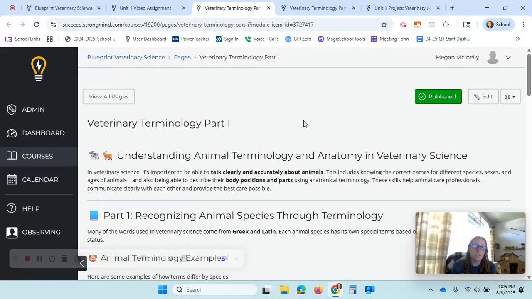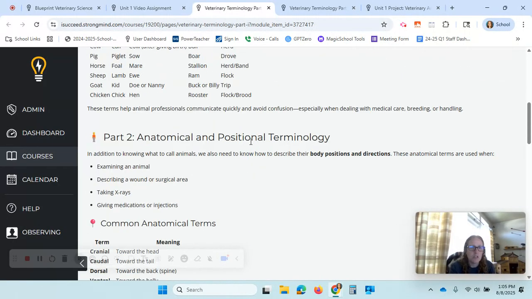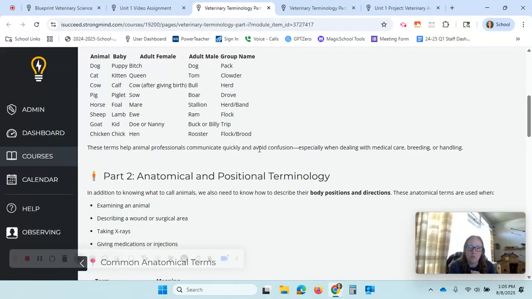A lot of these veterinary terms are the same as what is used in human med, so if you have an interest in human med, you might be using some of these as you go along. These are from Greek and Latin terms, right? You have prefix, suffix, root word, and they work together to create words which mean something. We start out with the easy terms of specific types of animals, genders, things like that.